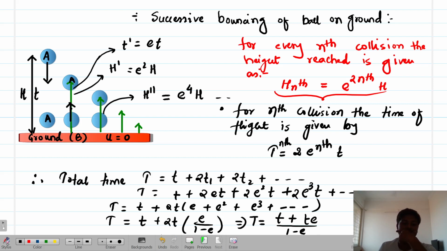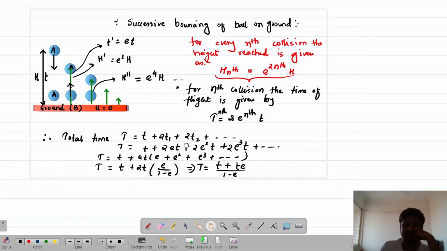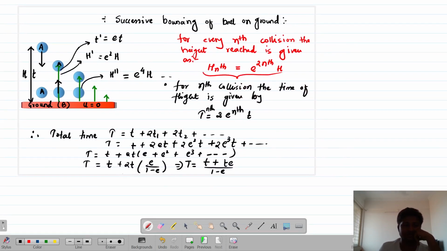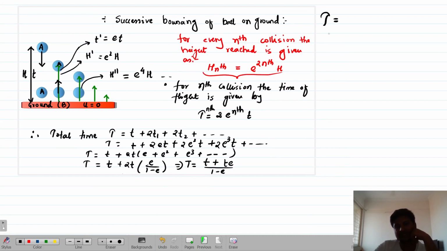Is that clear? So therefore, that is why total time of flight was given as t common, 1 plus e divided by 1 minus e. That's my total.